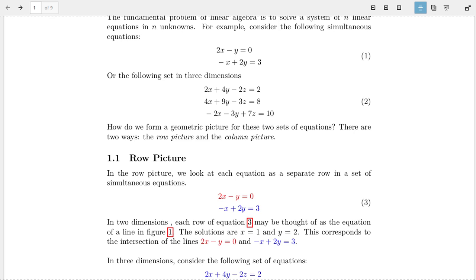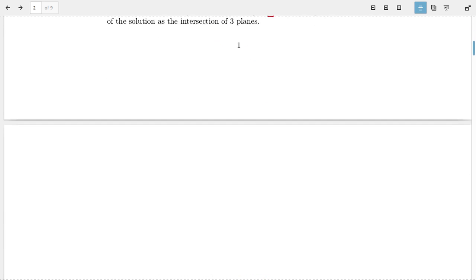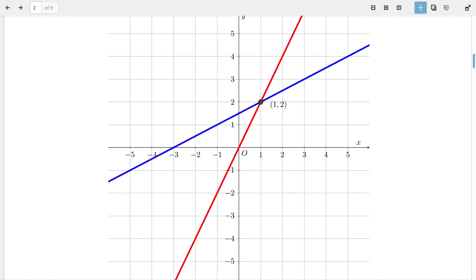But how do we look at this geometrically? Using the row picture. The red equation here, 2x minus y equals 0 in equation 3, corresponds to the red line in this diagram.